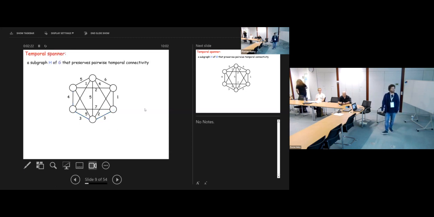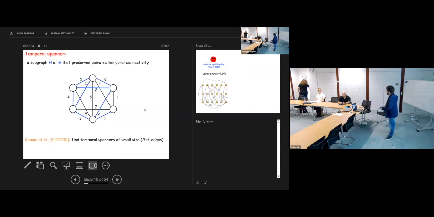Okay? The problem we are interested in was introduced by Kempe et al. in a STOC paper some years ago, and it asks for sparsifying a given temporal graph while maintaining temporal connectivity. This problem can be formalized by introducing the notion of temporal spanner, which formally is a subgraph H of the temporal graph G that preserves pairwise temporal connectivity.